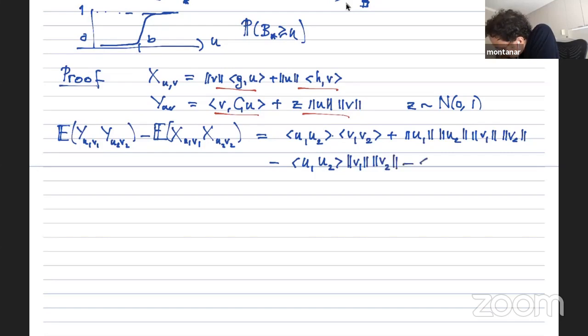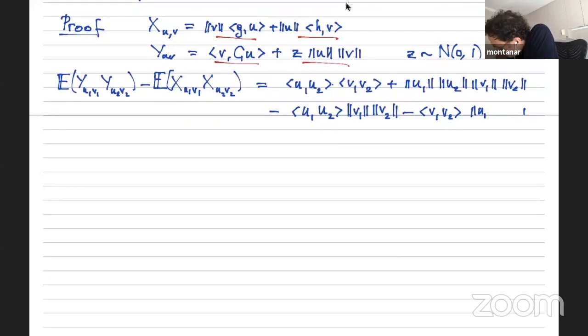And the second one is V1, V2 from H times V times U1, U2. Okay, so if you put everything together, this difference is now magically U1, U2 minus V1, V2 times the same thing, U1, U2 minus V1, V2.